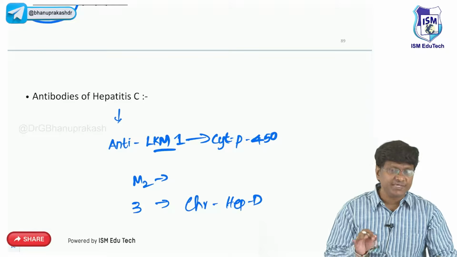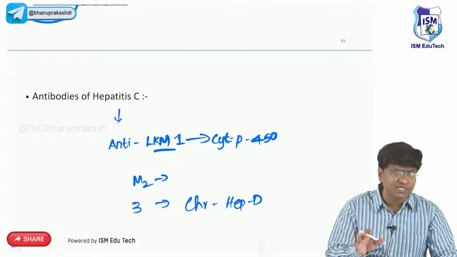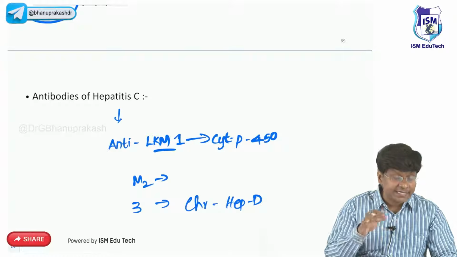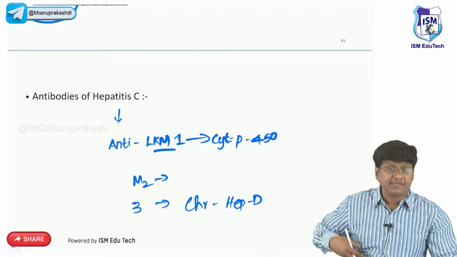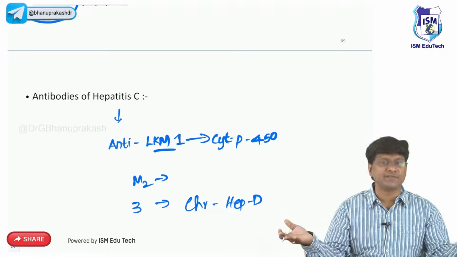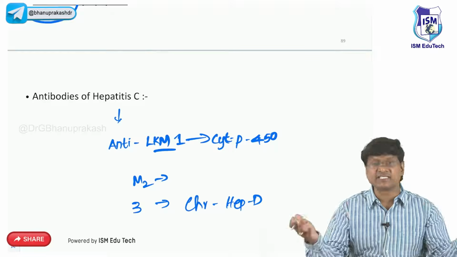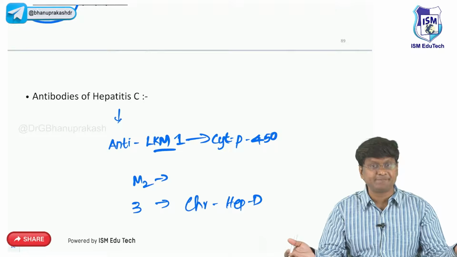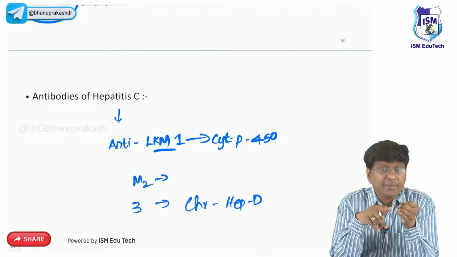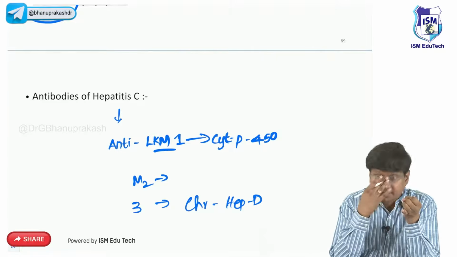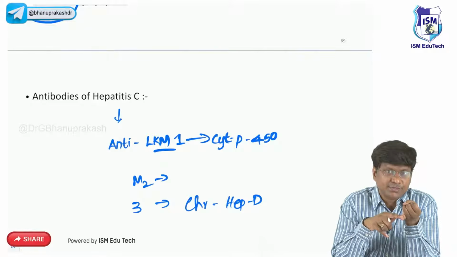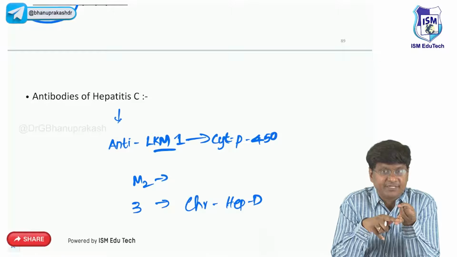Now, let me tell you, in patients with hepatitis C, it is not only the hepatic manifestations. There are extrahepatic manifestations in hepatitis C. What are these? It can cause abnormalities within the blood. That means it can cause agranulocytosis, aplastic anemia, and thrombocytopenia, right?